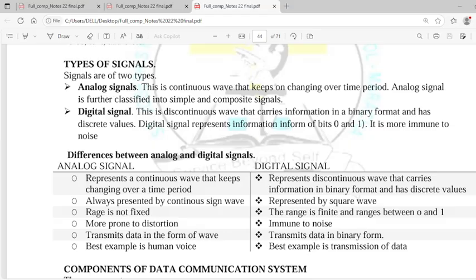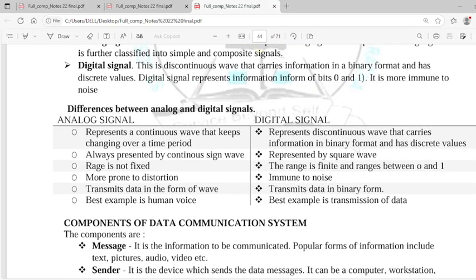So the bits, now when we talk of the bits, we are talking of the 1s and 0s. A single character comprises a byte, and in a byte there are 8 bits.